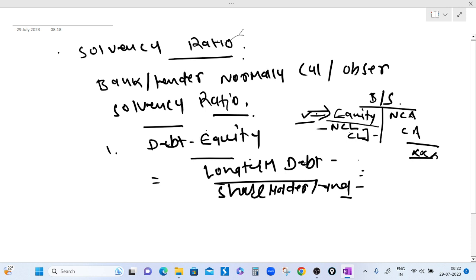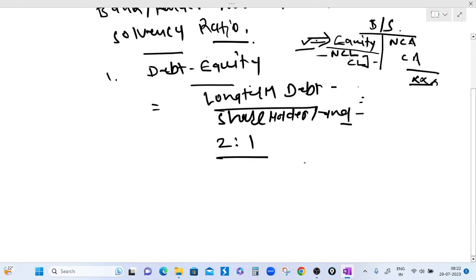whatever ratio comes, that will be your debt to equity ratio. Normally it is advisable that businesses should have a 2:1 ratio. 2:1 is a sound ratio for solvency, or debt to equity ratio. It means the company doesn't have too much outsider fund. A business is considered more risky when the equity is less while the bankers' loan is more.